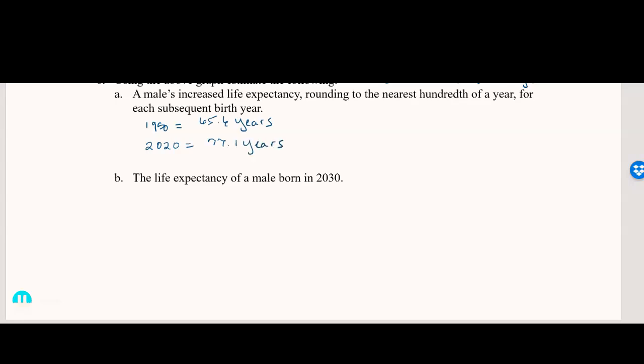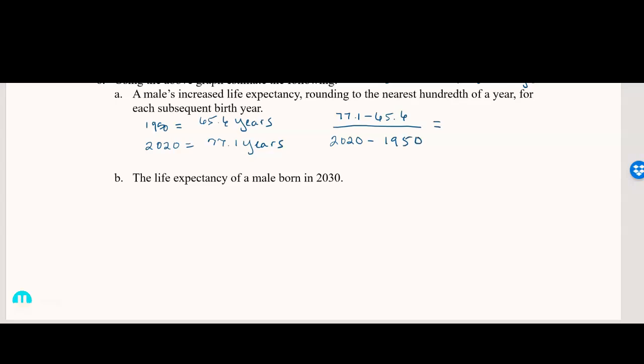So you can look back at the chart and you'll see that those are the numbers we had circled. Now we're going to do the formula, which I just said was the change in age, so 77.1 take away 65.6, divided by the change in years. So take the latest year minus the earliest year.